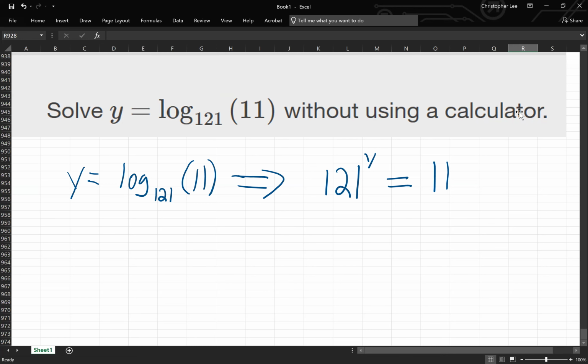Now we're talking. 121 to the half power is equal to 11. Let me say it a little bit differently. The square root of 121 is 11, right? That's what it is. Fun, right? Not too bad.